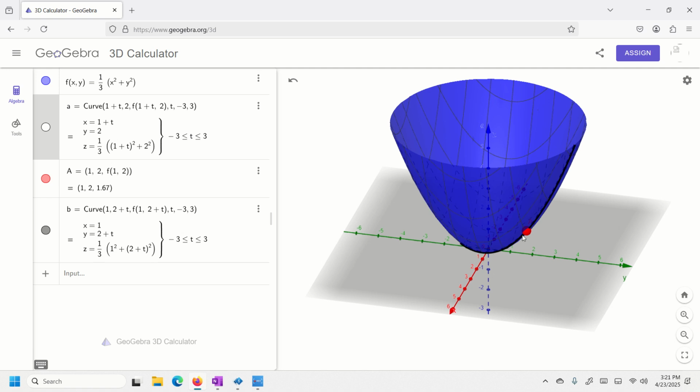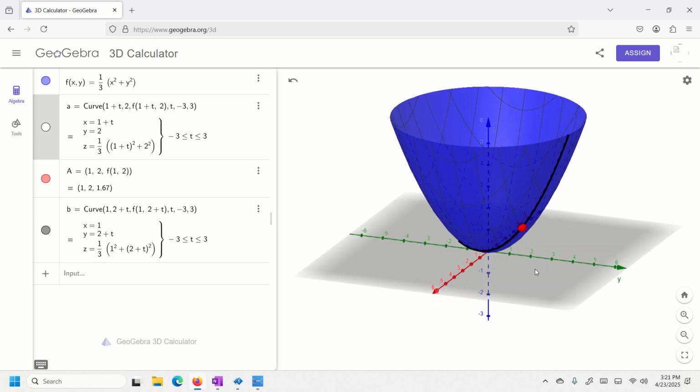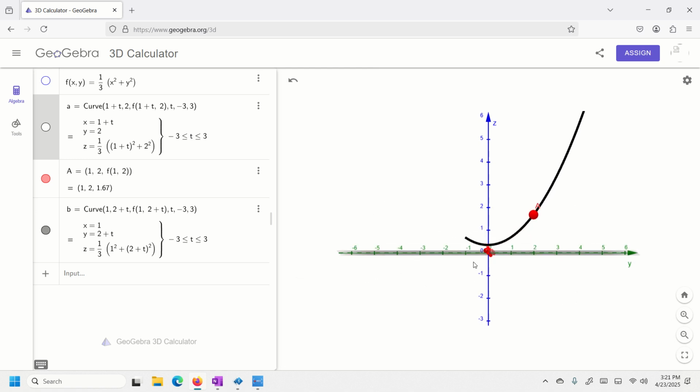So again, for all of these points, the x coordinate is 1, and the y values are allowed to change. If I turn the graph off and compare the y-axis and the z-axis together, I get this curve. And the partial derivative of f with respect to y is asking you, what is the slope of this tangent line at that point A?